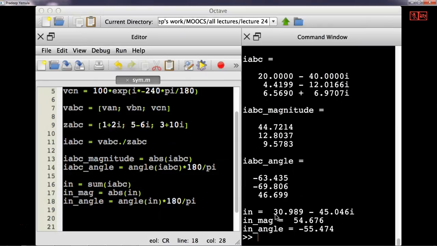So for the neutral current, I am getting magnitude and angle. On your screen you can see on the right, this is the neutral current. 54 amperes is flowing in the neutral wire.